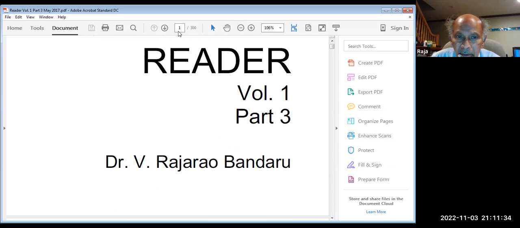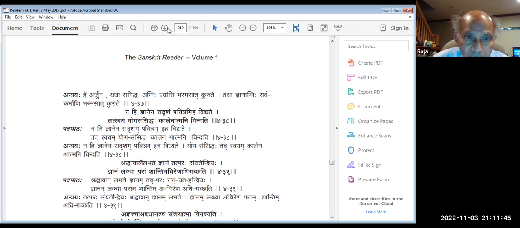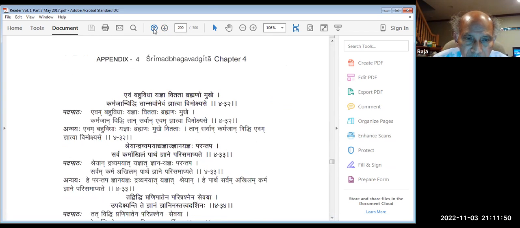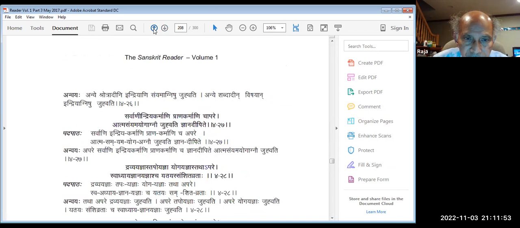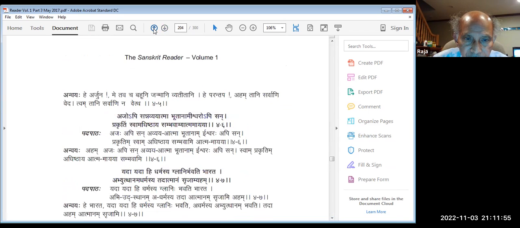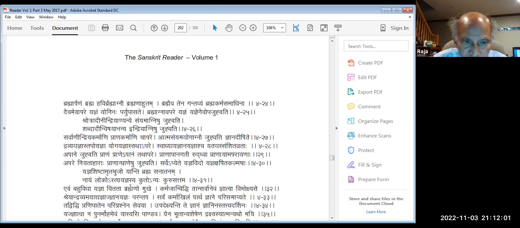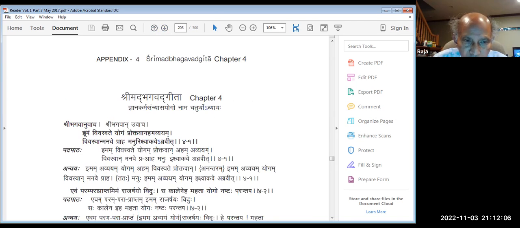See Srimad Bhagavad Gita. Originally it will have slokas as they are, but here it will give you sloka, padacheda, anvaya for each one.